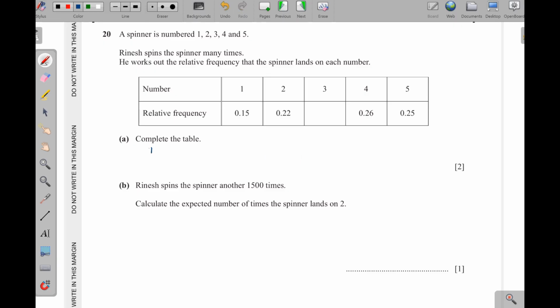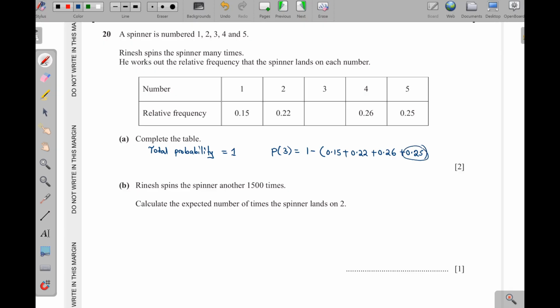So complete the table. To complete the table, we know that total probability for any given distribution is always equal to what? 1. So that means to get the probability of a 3, it will be 1, then minus all of these other probabilities. So we have 0.15 added to 0.22, added to 0.26, then added to 0.25.